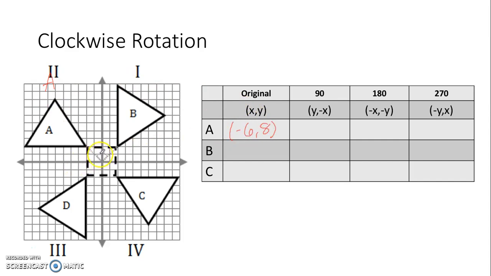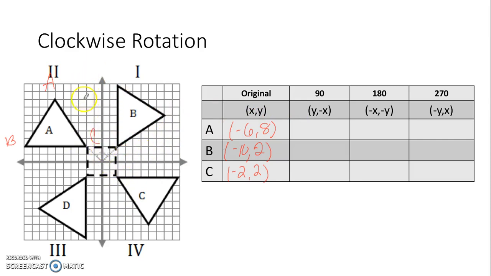The second point that we're going to plot is B. If this was 6, we'll go 7, 8, 9, 10, so we have negative 10, and then positive 2. Then this is C, which would be negative 2, positive 2. So we just plotted those points. Very simple.